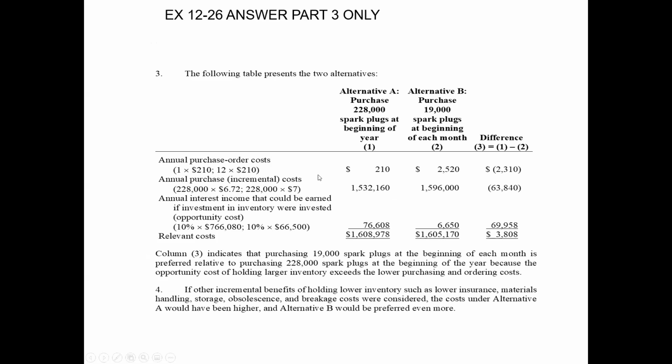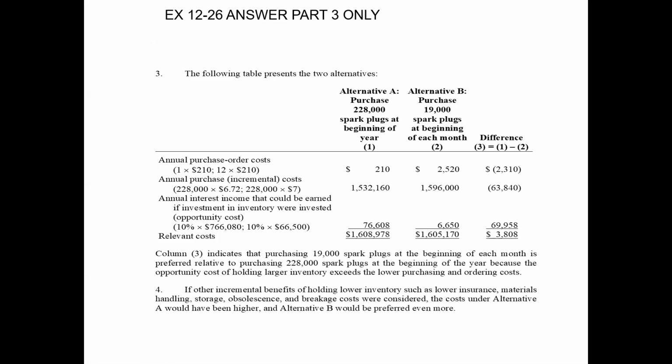So number 3, again, looked at the 2 alternatives. If we purchase all of the spark plugs at one time, we'd have 210 as our annual purchase order cost. The purchase would be the 228,000 times 6.72, so 1,532,160.